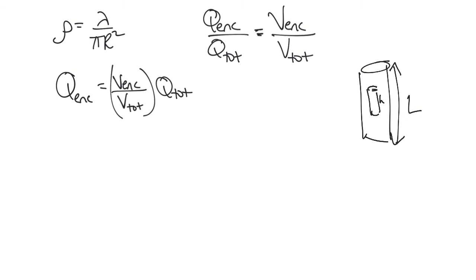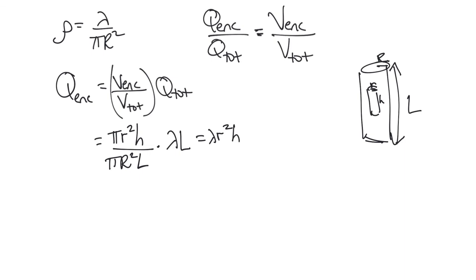If we're looking at the enclosed, this has a radius little r, that has a radius big R. So our enclosed volume is pi little r squared h, and our big volume is pi big R squared L. And then the total charge of the whole thing is going to be that linear density lambda times the full length L. So what we get for our Q enclosed is the L's cancel, the pi's cancel, and so we get lambda r squared h over big R squared.